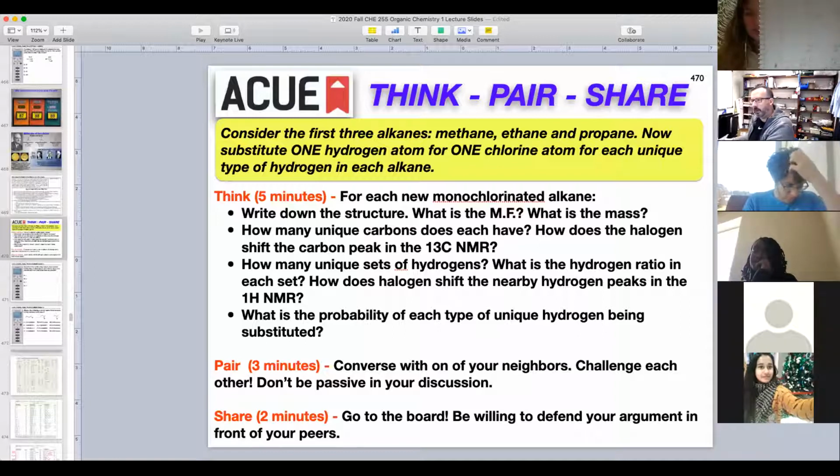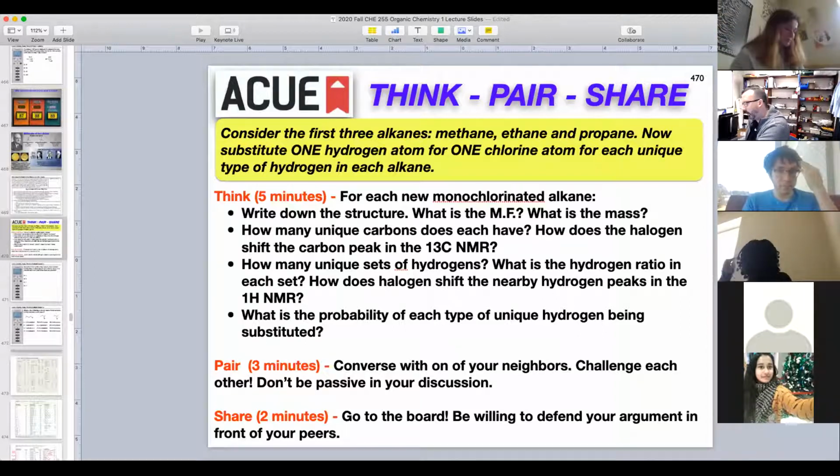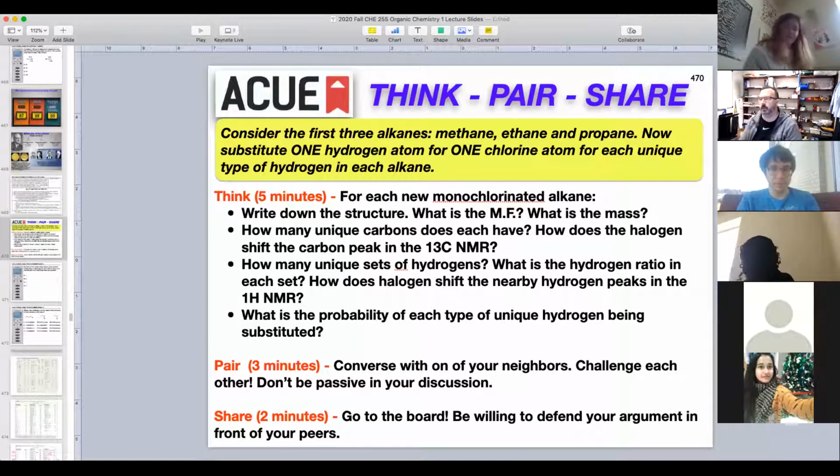So what else do we know about chlorine? Aiden says the mass goes from 16 in methane to 50 in methyl chloride or chloromethane. What do we know from mass spec of halogens? What also will the chlorine atom do?